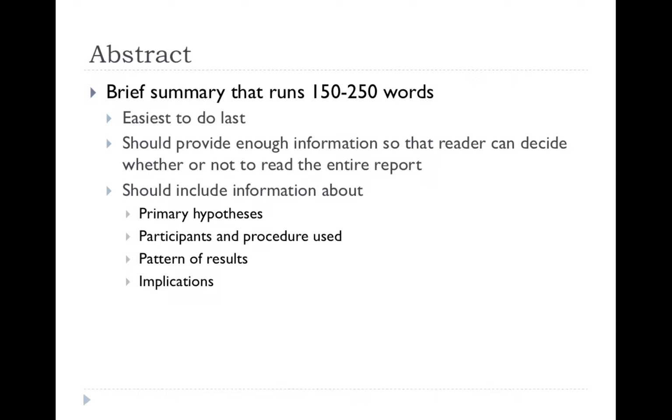Obviously you can only describe it very briefly. Then just in one sentence or two sentences, the pattern of results that you found. And then lastly, what the implications are of your findings. So it's very short. You need to be very succinct and just give the reader an idea of what the study was all about.